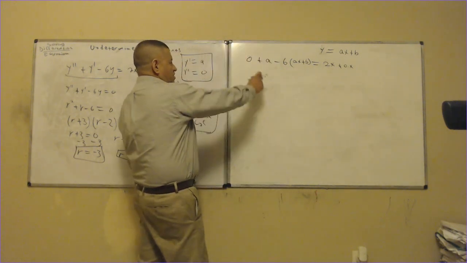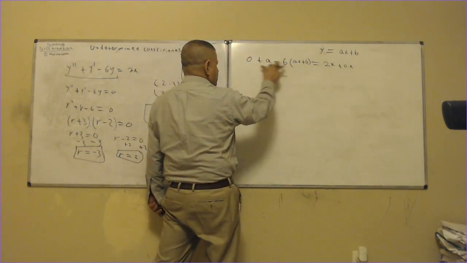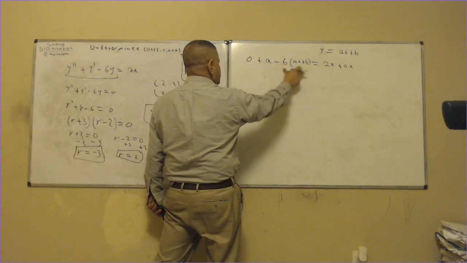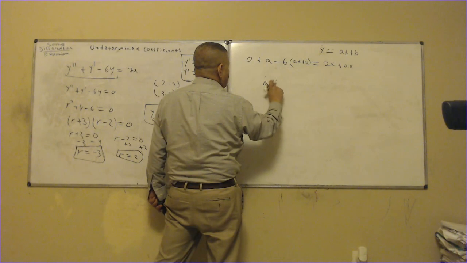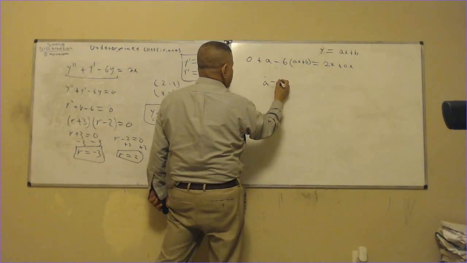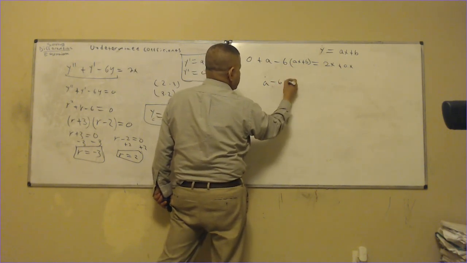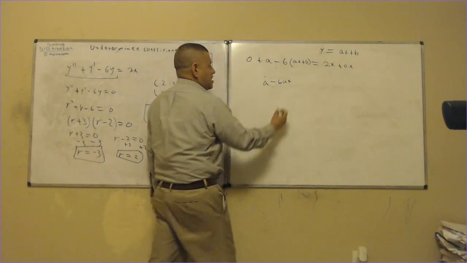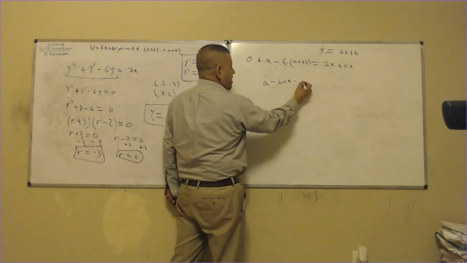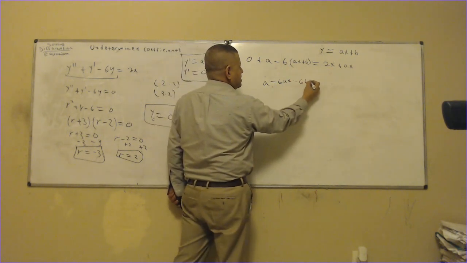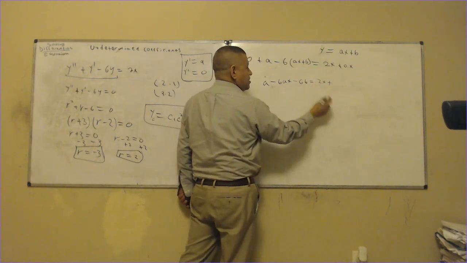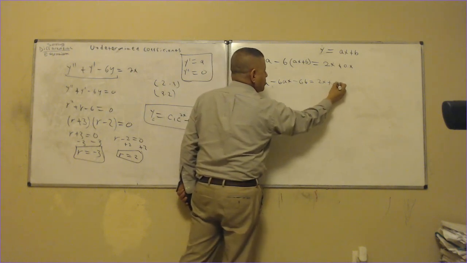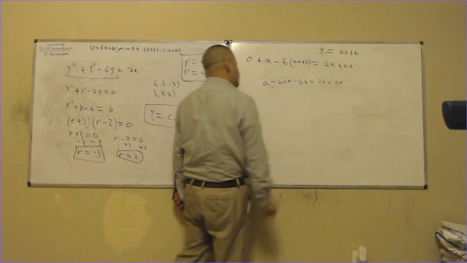Now what I can do is simply distribute that 6 inside, and I get minus 6ax minus 6b equal to 2x plus 0, right?